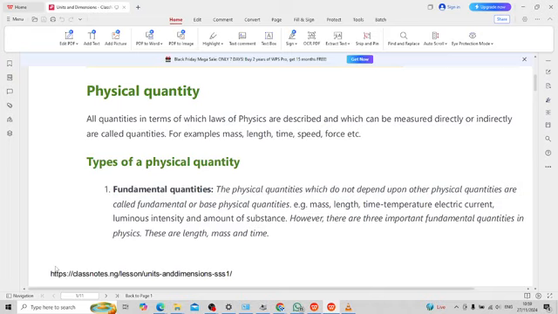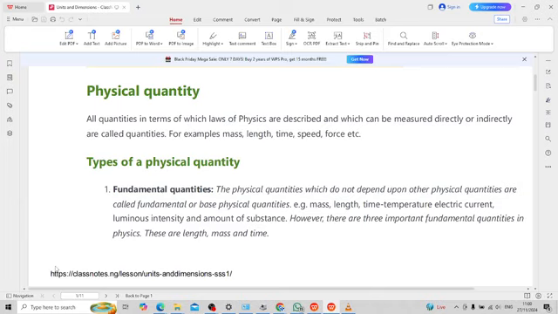So for example, mass, length, time, speed, force, momentum, potential difference, energy, pressure, temperature, current, voltage, anything that we discuss, any terms, any quantity at all that we discuss in physics, we refer to them as quantity.